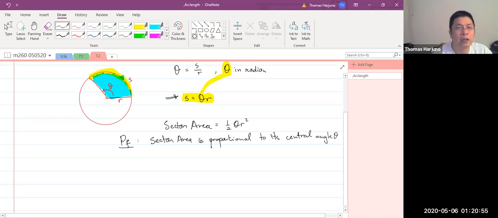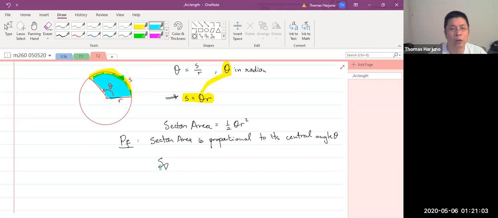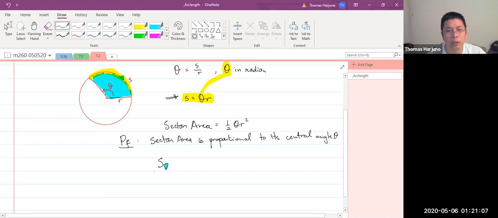So if I take a look at that figure there, the sector area, the one that I marked with blue color, divided by the central angle is equal to the area of the circle over, I'm sorry, I think I used the wrong notation. It's not supposed to be S. Sector area is A with that pizza.